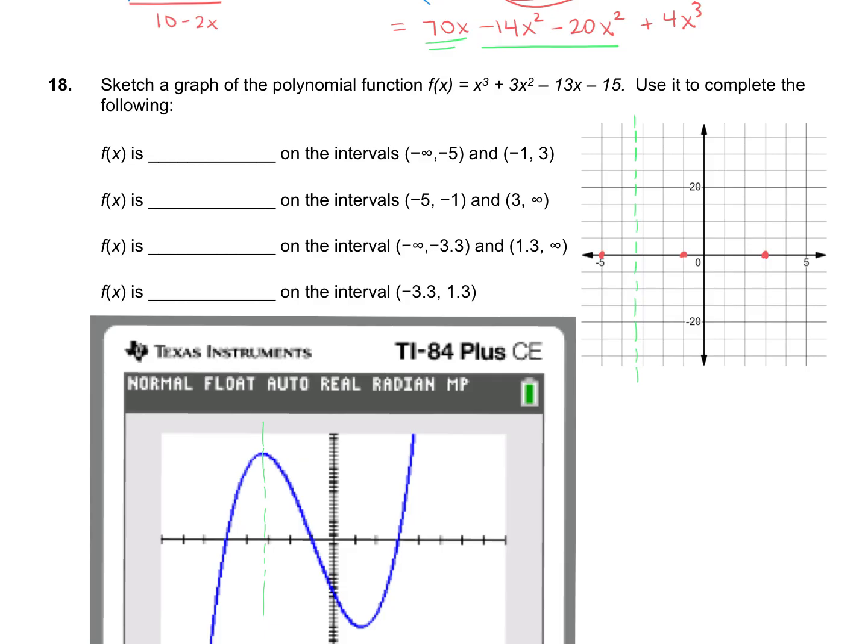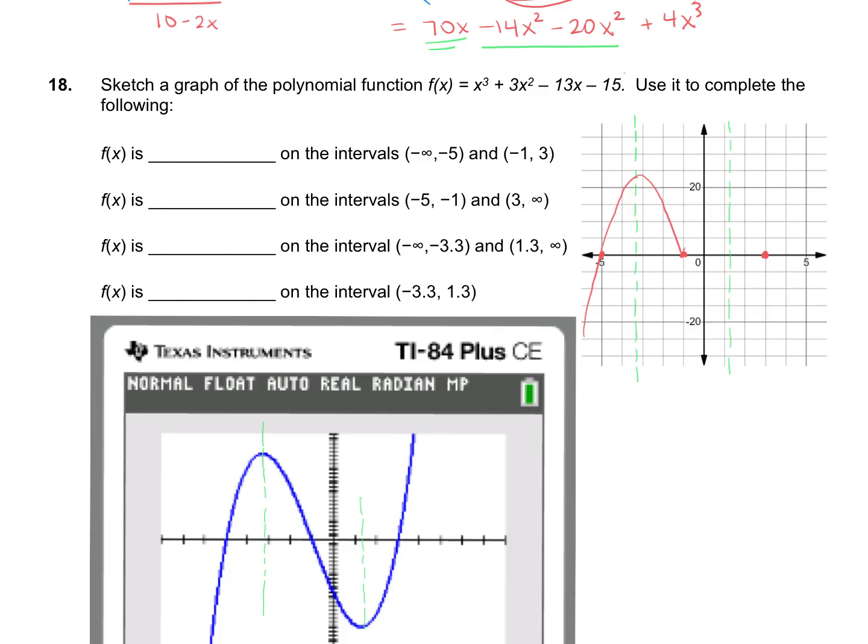We can see we have another one right here where our function turns. And if I look at our intervals, I think that is that positive 1.3. So I'm just going to sketch in one more line at positive 1.3. All right, we can sketch in this function. We are coming from here, go through your zero. When you get to that turning point, you're going to turn and come back.